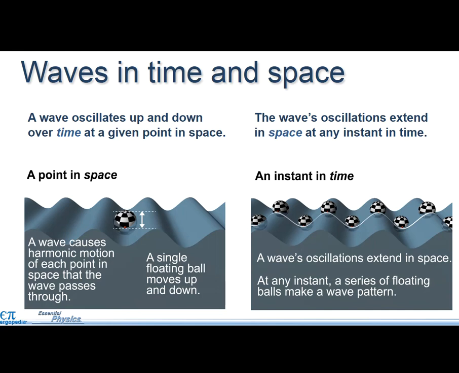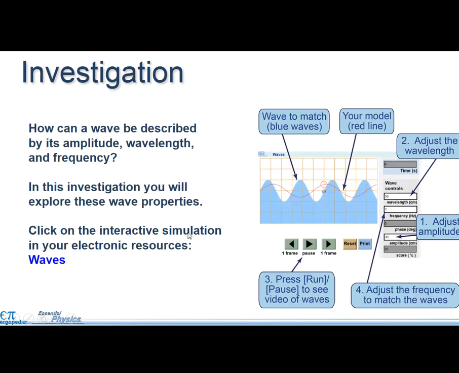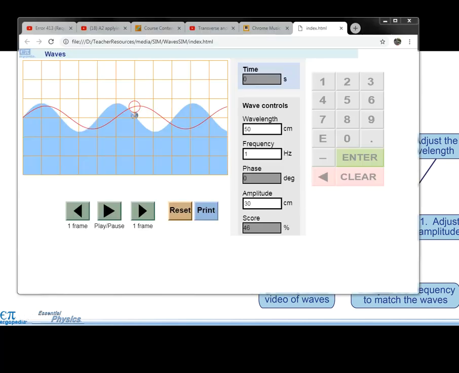You could also see it at an instant in time. If we had a bunch of balls, you could see that some were higher and some were lower, right? So this is like a snapshot, and this would be like looking at one ball and seeing what its motion is, right? And so we actually will sometimes graph things as a function of space and sometimes as a function of time. So there's a simulation here, and I will open it up and also give you a link.